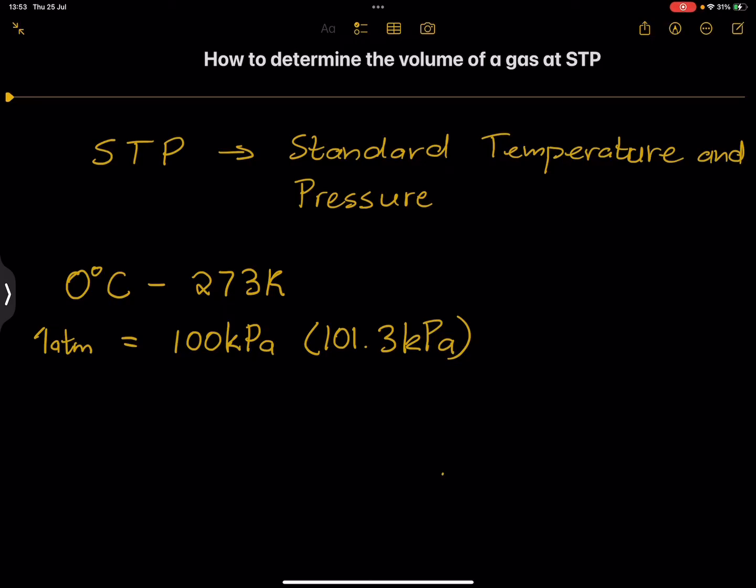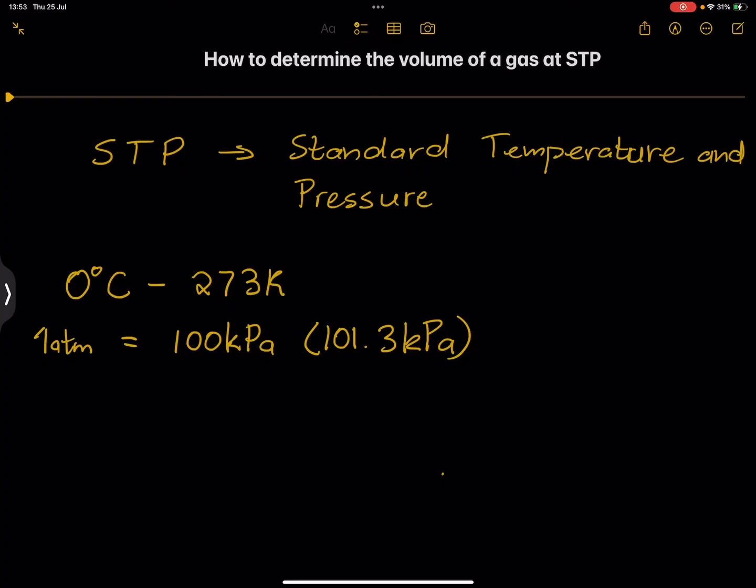Now, ladies and gents, what we know according to Avogadro's law, right? I almost said Avogadro's constant. That's a different thing altogether. According to Avogadro's law, Avogadro simply says that 1 mole of any gas will occupy the same volume at the same temperature and pressure.